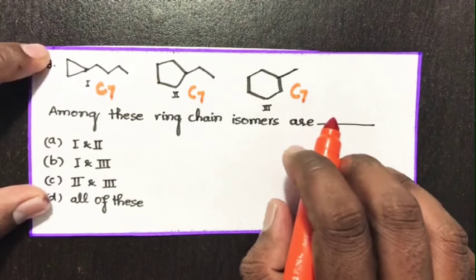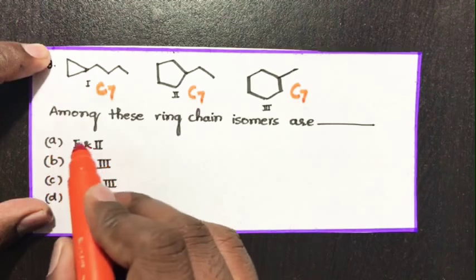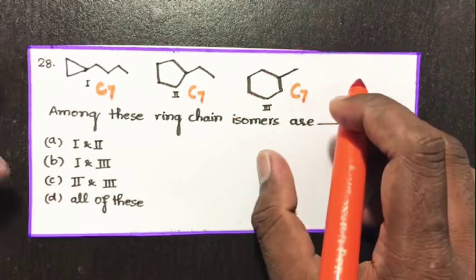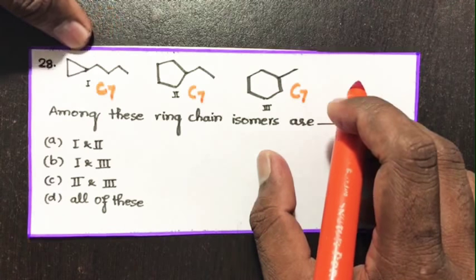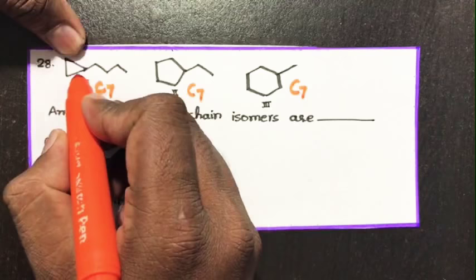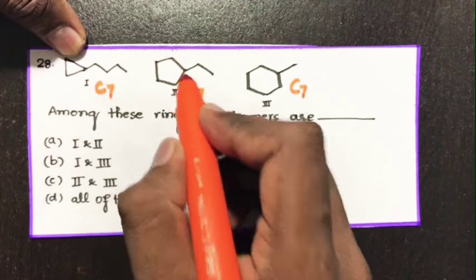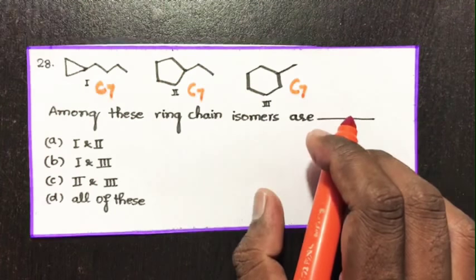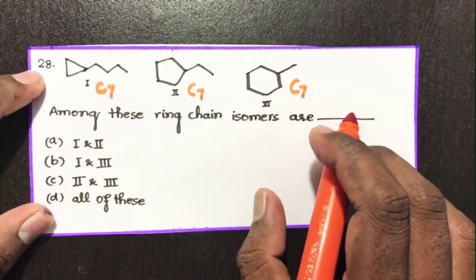Now 1 and 2 both are in ring form, but their ring sizes are different. The ring size is 3 and here it is 5. So 1 and 2 will be ring chain isomers.